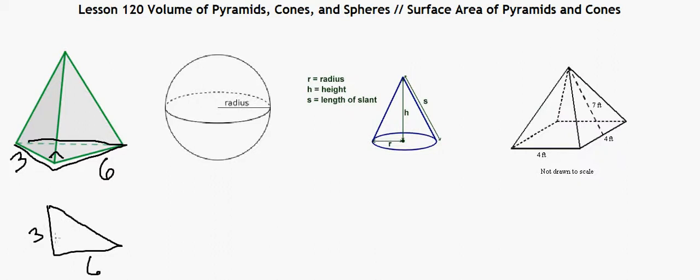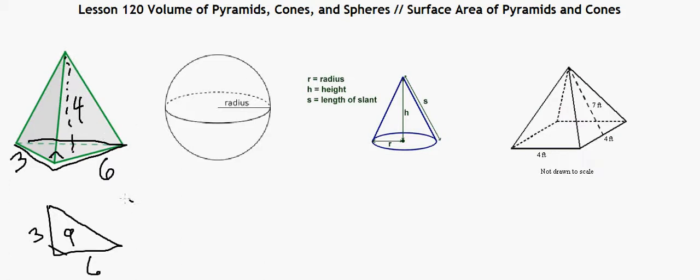Well, area of the base, 3 times 6 divided by 2, is 9. Let's go with this. Area of the base was 9. Multiply that by the height, which the directions have told us is 4.